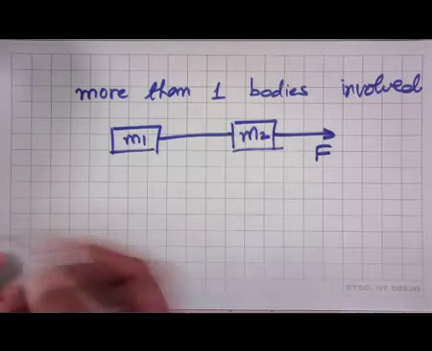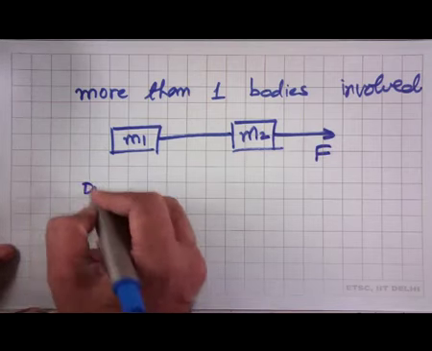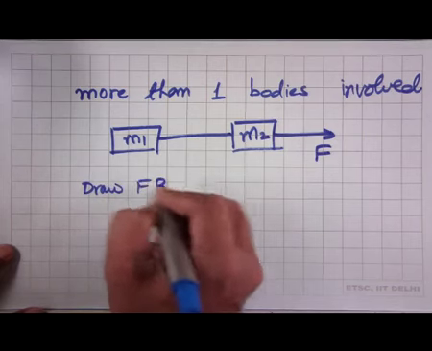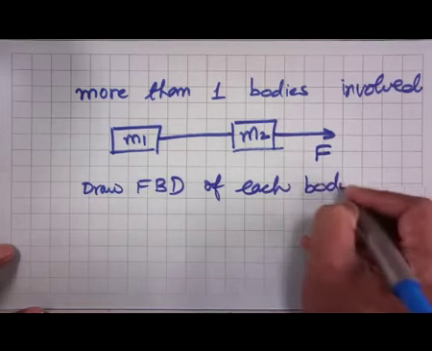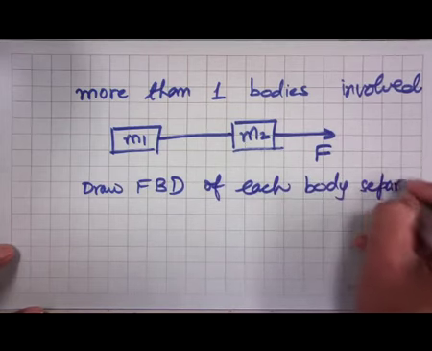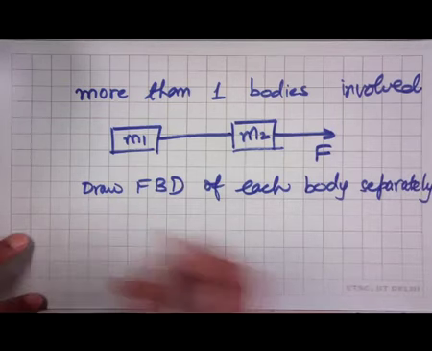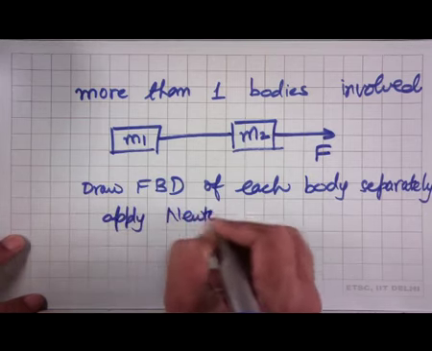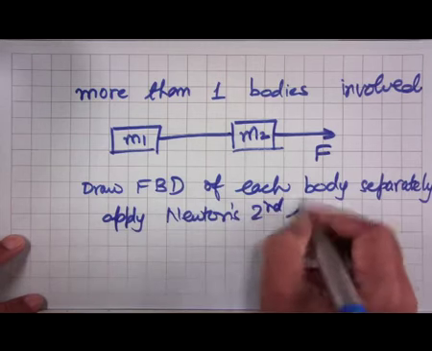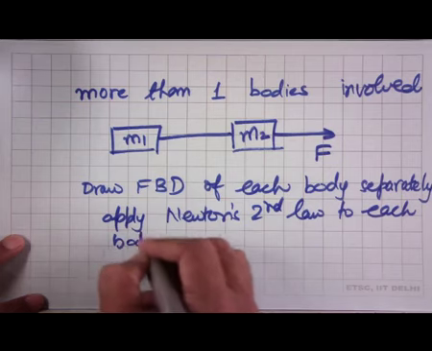Generally, the way we solve these problems, we have to draw the free body diagram of each body separately, and after we draw the free body diagram, we apply Newton's second law to each body.